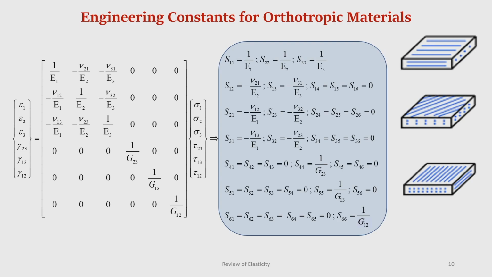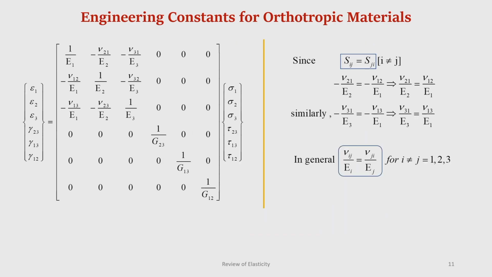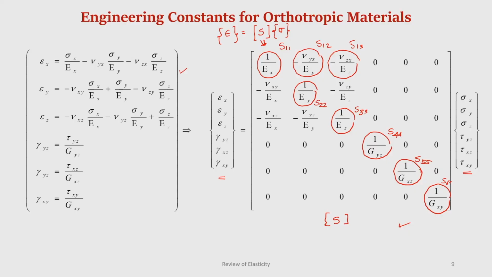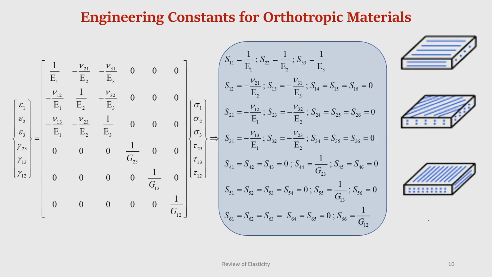Now, if you look at the previous slide, we intentionally used the Cartesian coordinates x y z because we are convenient with the stress strain relation there. Up to this point we have discussed the stress strain relationship with reference to x y z coordinates, but we have mentioned clearly that x, y and z planes are the 3 mutually perpendicular planes of material property symmetry in an orthotropic material. Now, the directions of orthotropy are generally denoted by 1 2 3.